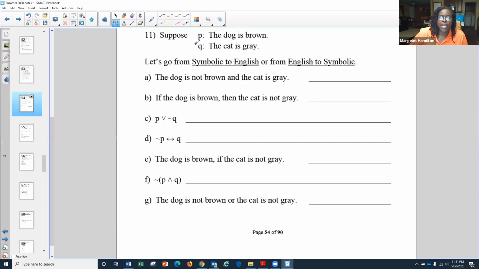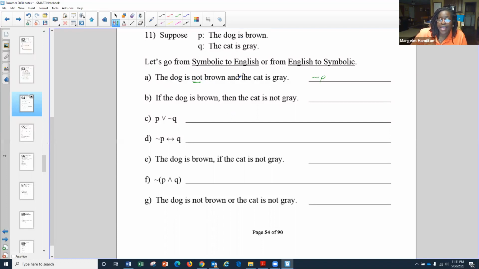Here are our simple statements. Let P be, the dog is brown, and Q be, the cat is gray. Our first one: the dog is not brown, and the cat is gray. The dog is not brown, because P is the dog is brown, so that should be not P, right?